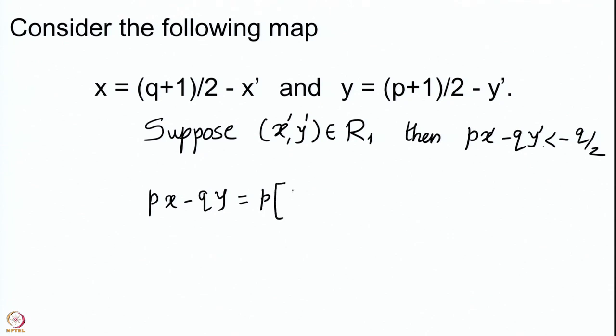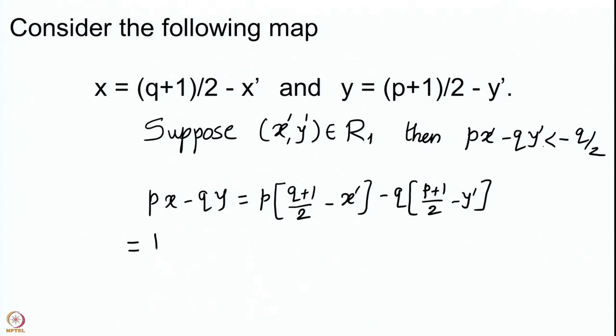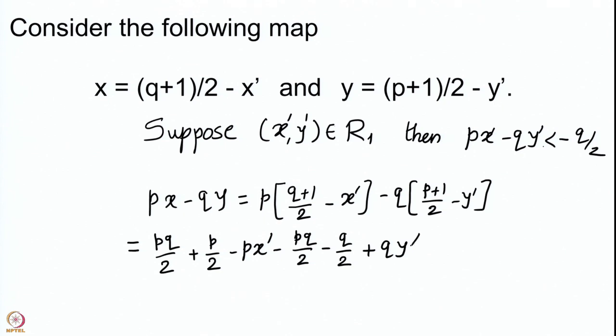So, we get P into (Q plus 1)/2 minus x prime, minus Q into (P plus 1)/2 minus y prime, which gives us PQ/2 plus P/2 minus Px prime minus PQ/2 minus Q/2 plus Qy prime.